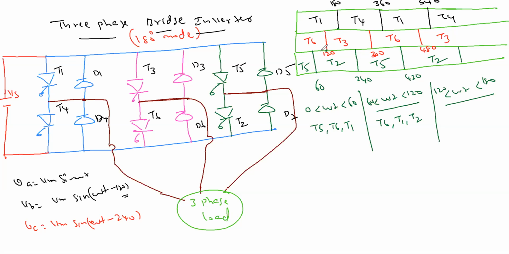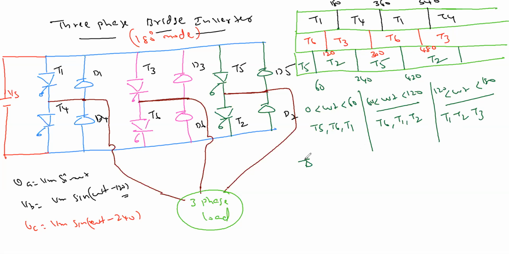At 120, who stopped? T6's conduction stopped, the rest remain, so which ones? T1, T2 and T3 come in sequence. Did you observe? 5 6 1, 6 1 2, 1 2 3, and 1 will now stop, conduction of 1 at 180. Next conduction, this is how every 60 degrees the conduction will be like this, every 60.